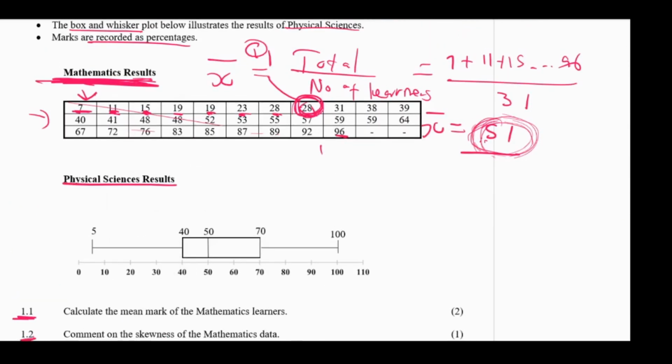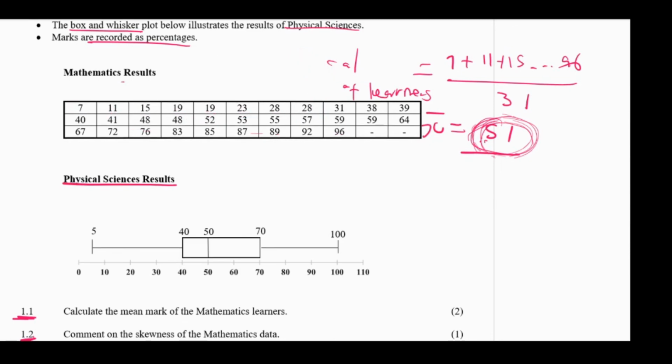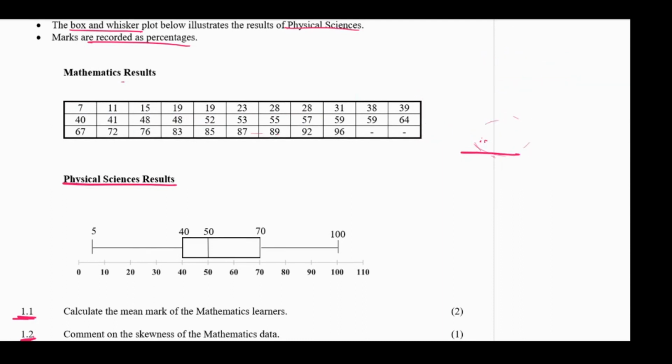But we don't really have exact marks for physics. So let's use maths to find this estimate, because in physics we don't have real numbers here.